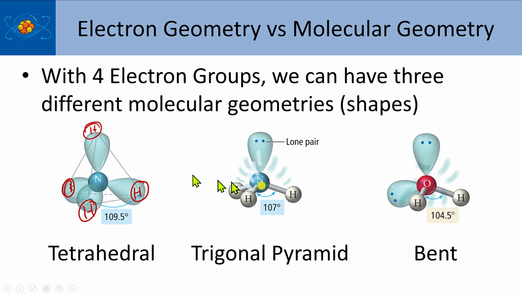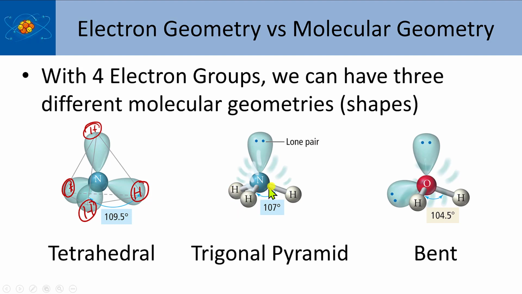Now if I had ammonia like this, then one of these groups is a lone pair, and now it just makes a trigonal pyramid. Remember we talked about a trigonal bipyramid? Well, that's with a trigonal pyramid at the top and a trigonal pyramid at the bottom. But in this case, I have a single peak in the middle and then a triangular base at the bottom.